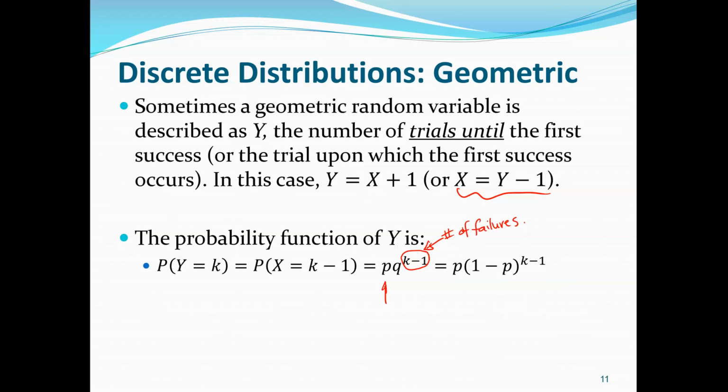because I'm including that last trial as a part of my random variable. So if, for example, I flip a coin 6 times and on that 6th trial I get a success of heads, then how many successes do I have? I have 1 success and I have 5, which is 6 minus 1, failures.